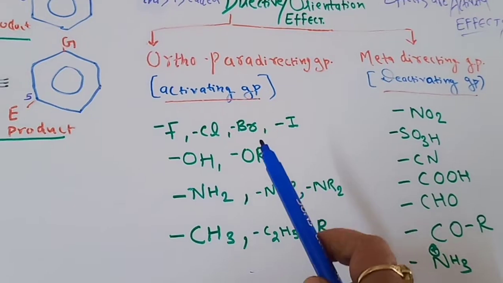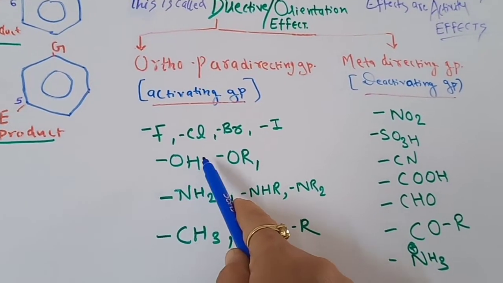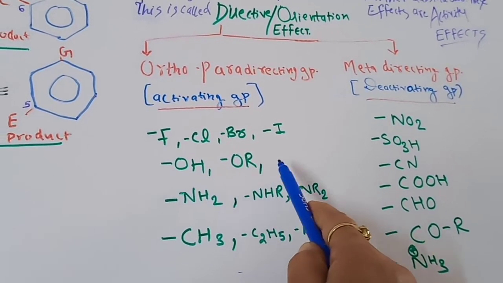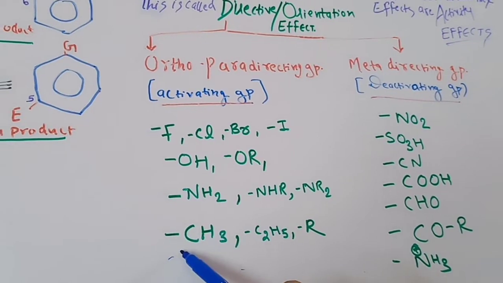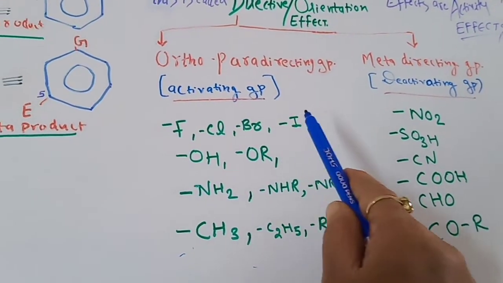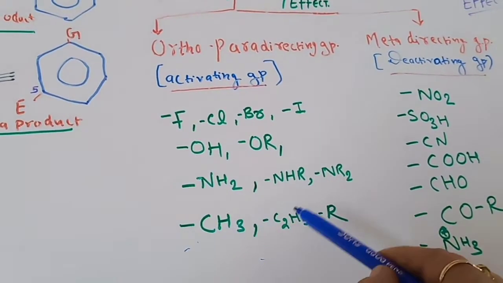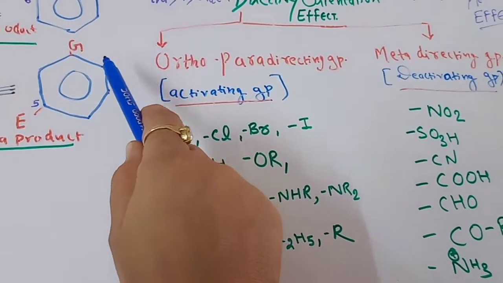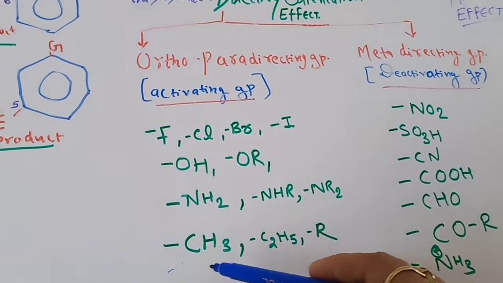For examples, chlorine, fluorine, bromine, iodine, halogens, then hydroxy group OH, then alkoxy group, then amino groups NH2, NHR, NR2, then alkyl groups. All these groups are known as the ortho and the para directing group. Means if any of these groups is present on the first position, it will direct the second group to the ortho and the para positions.